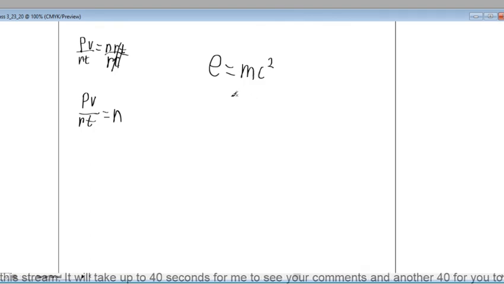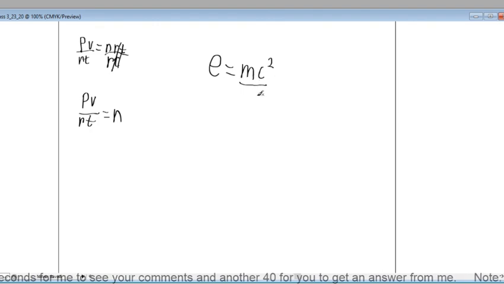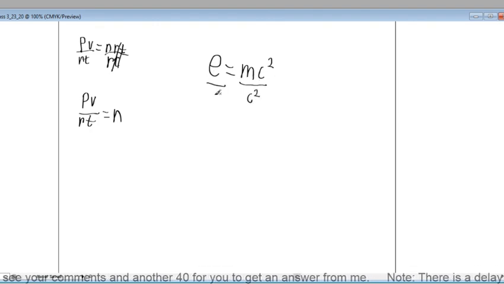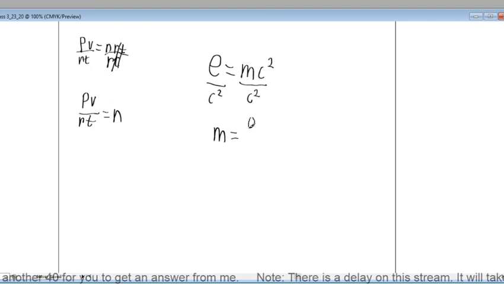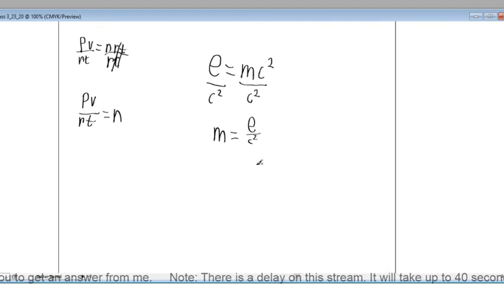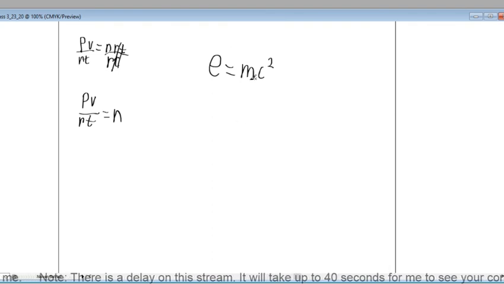Okay, well, what if we want to know the mass of whatever we're measuring? Well, divide by c squared. And we get that m equals energy divided by the speed of light squared. What if instead we want to know the speed of light in a vacuum?